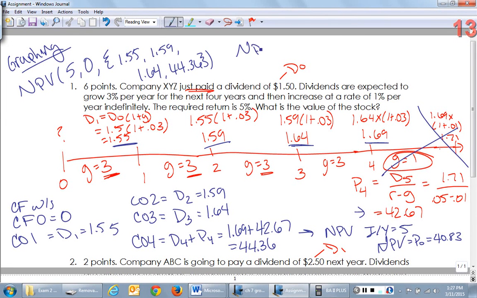The general layout for NPV on a graphing calculator is interest rate, comma, cash flow at time period 0, comma, you can't forget the comma or you will get an error, braces, cash flow at time period 1, time period 2, etc. Each of these separated by commas, close braces, and close parentheses.